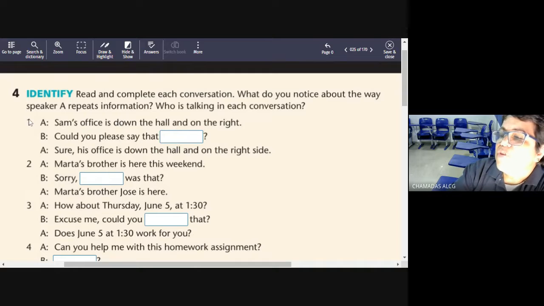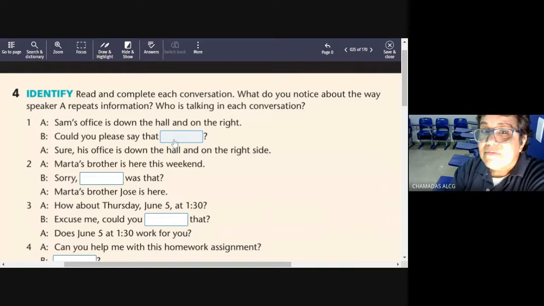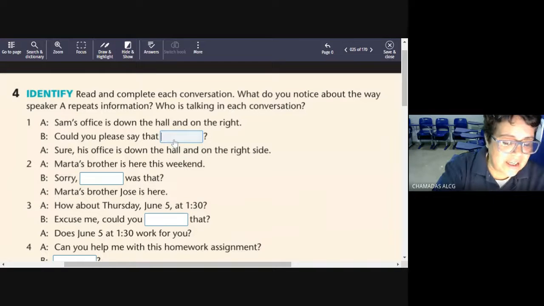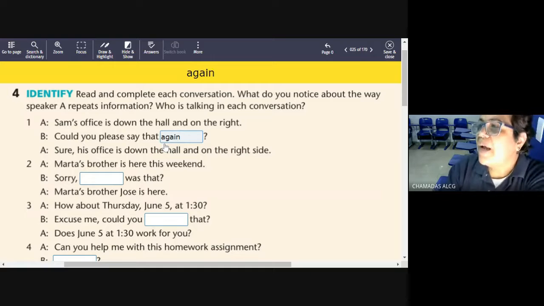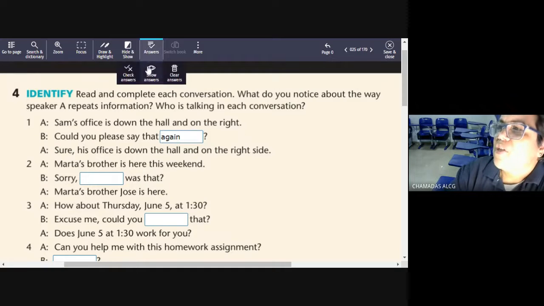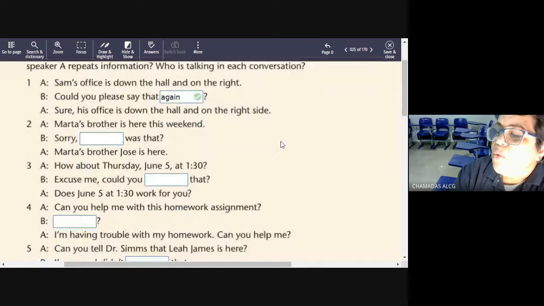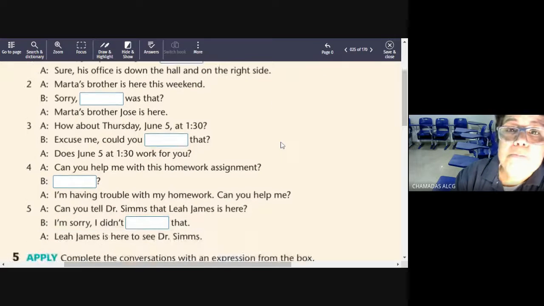So let's see the first one. Sam's office is down the hall and on the right. Could you please say that again? Okay. All right, people. Let's check that. Okay, correct. Now I will give you 2 minutes to complete the other ones, okay?